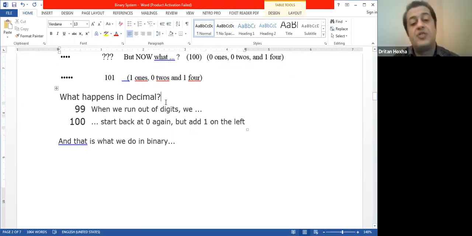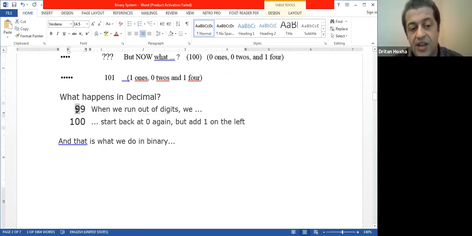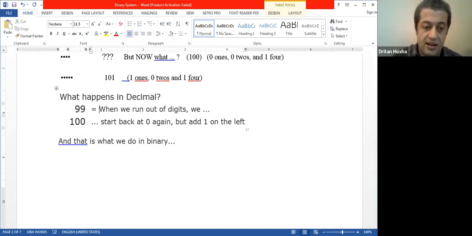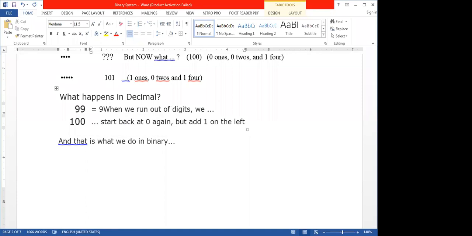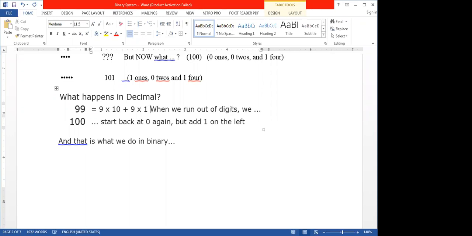What happens in decimals? When we have 99, we write only 2 digits, 9 in the position of ones and 9 in the position of tens. So this number means 9 times 10 plus 9 times 1.